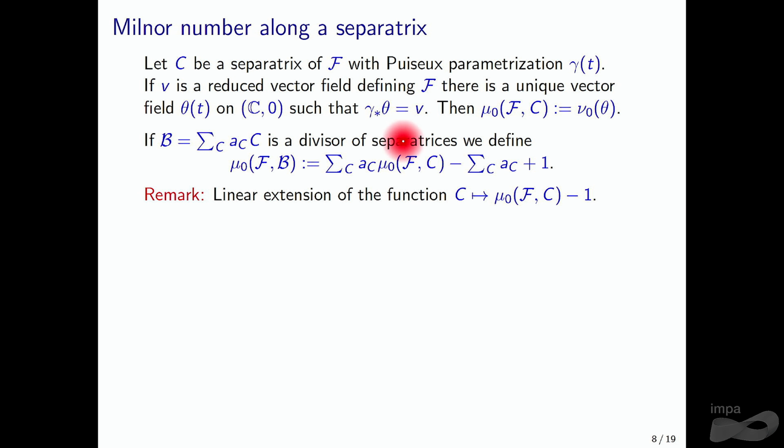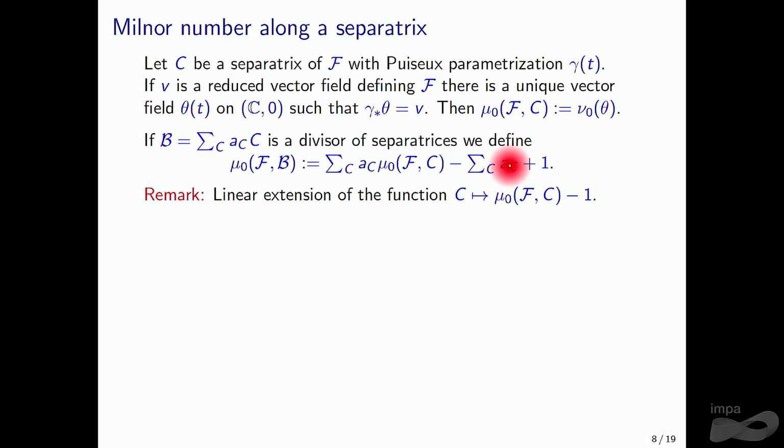And if B is a divisor of separatrices, we define the Milnor number of F along a linear combination of divisors in this strange way, but that works. And it's equivalent to ask that the function that to an invariant curve C associates the Milnor number of F along C minus 1 extends linearly.